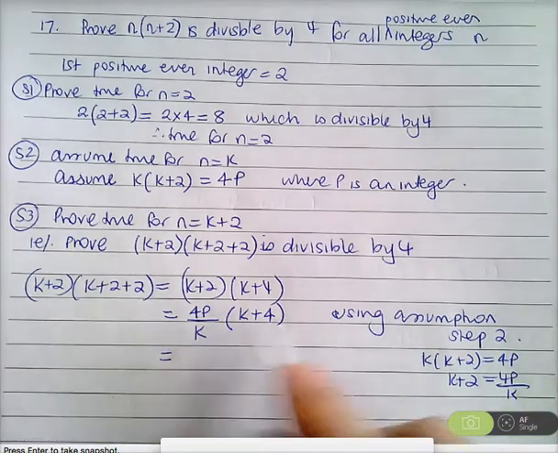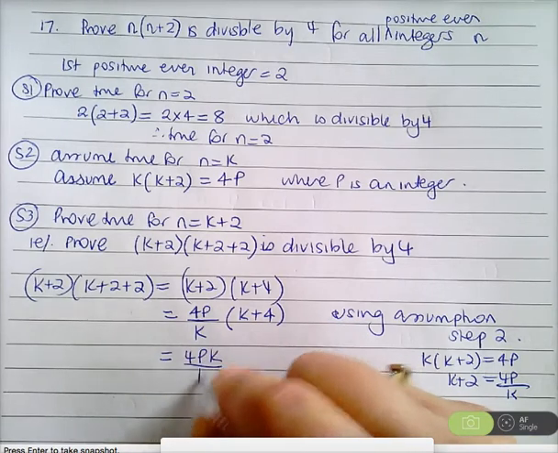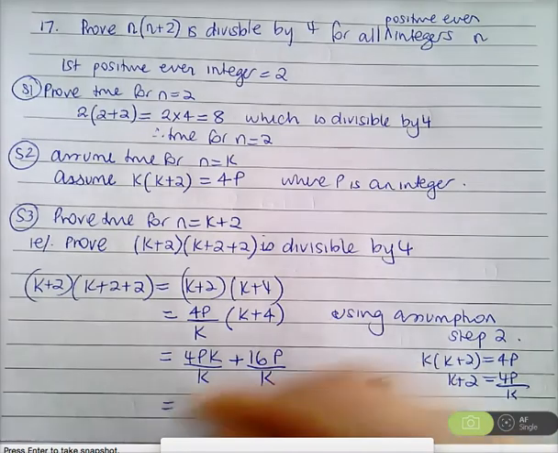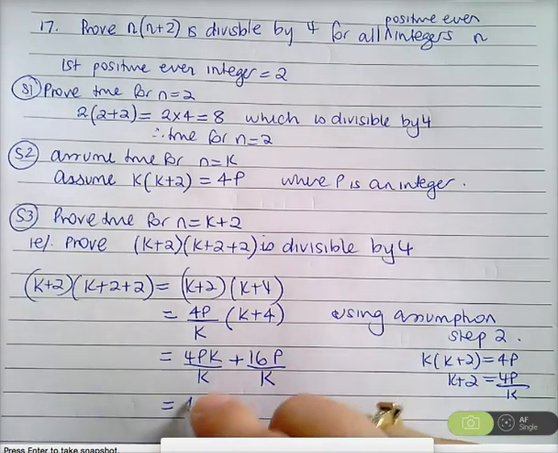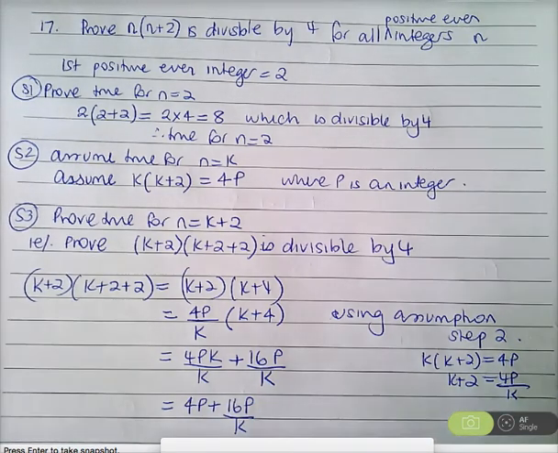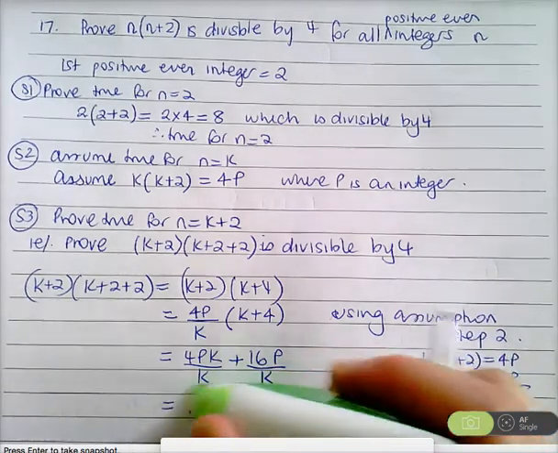Now, if you expand, what have you got? You've got 4p times k on k plus 16p on k. Actually, I don't know if I really want to do that. I want to keep those k's on the bottom.